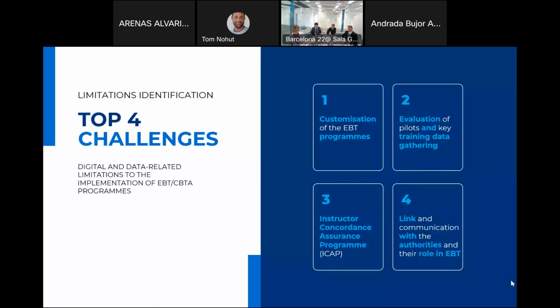We are now equipped with the ability to analyze and collect a vast amount of data from a lot of different data sources. FDM data, flight data, pilot training records, safety occurrences, and by harnessing this data, we can gain valuable insights into pilot behavior, but also operational patterns and potential areas for improvement, not only at operator level, but also at individual pilot level.